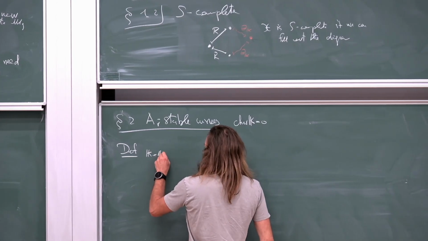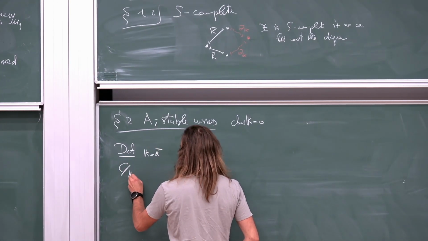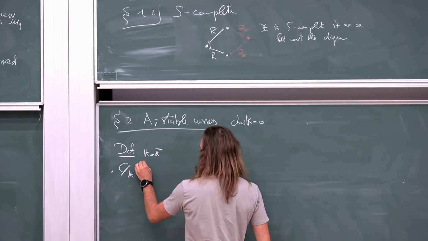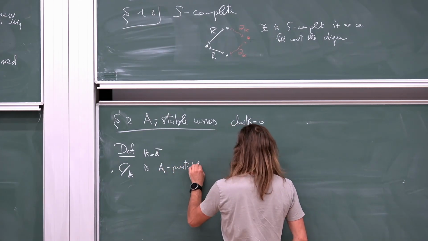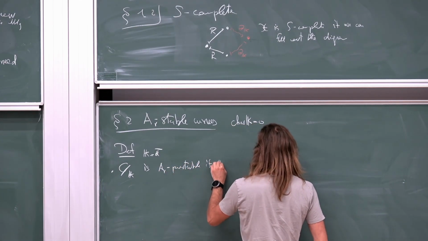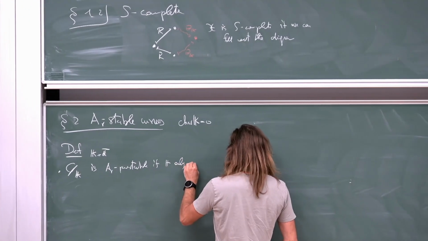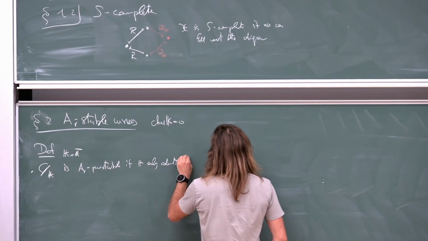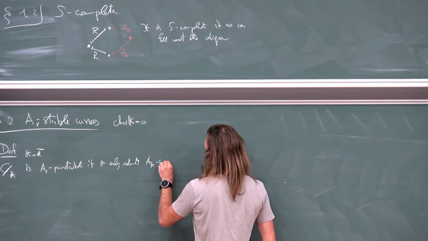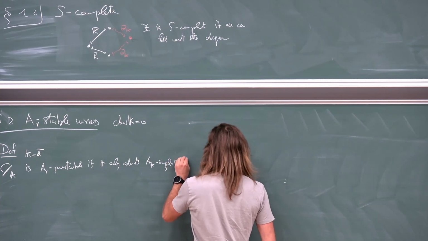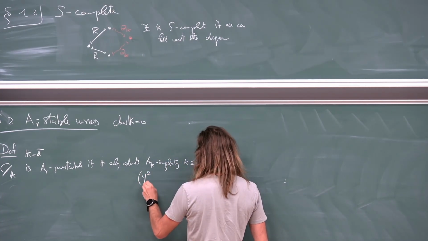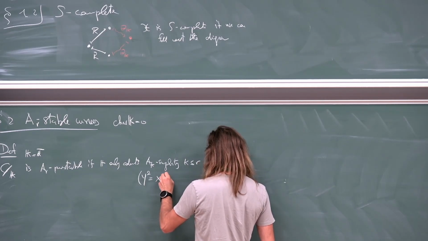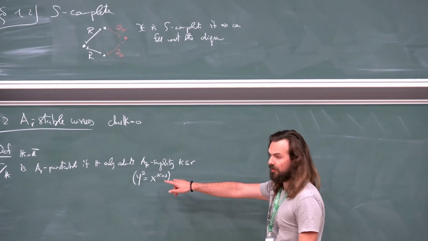So if you fix an algebraically closed field K, a curve C over K is A_r pre-stable if it only admits A_k singularities for k less or equal than r. For those who don't know what an A_k singularity means, they are essentially points that locally in the curve look like this.